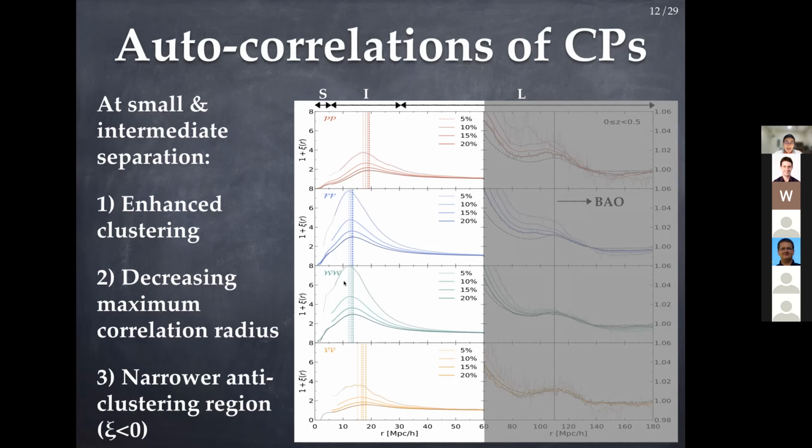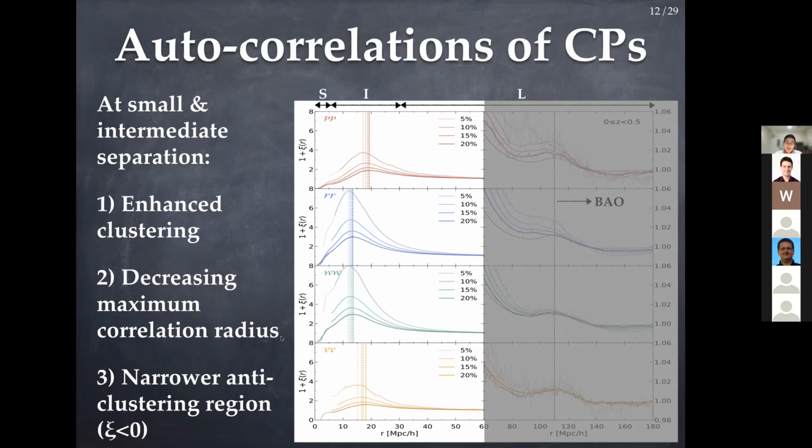And there are many vertical lines, and these vertical lines are indicating the position where the maximum correlation is happening for different abundances. And you can see that as we go for rarer critical points, this vertical line is moving to smaller separations and consequently yielding a narrower anti-clustering region.